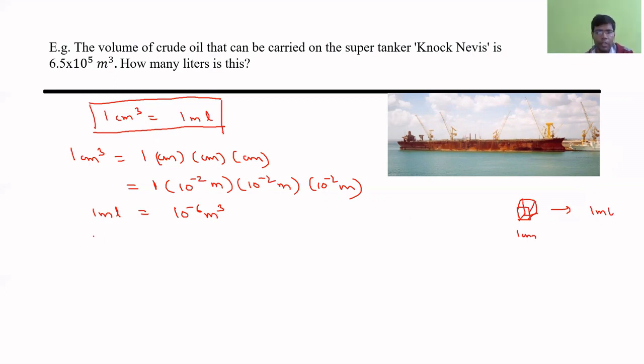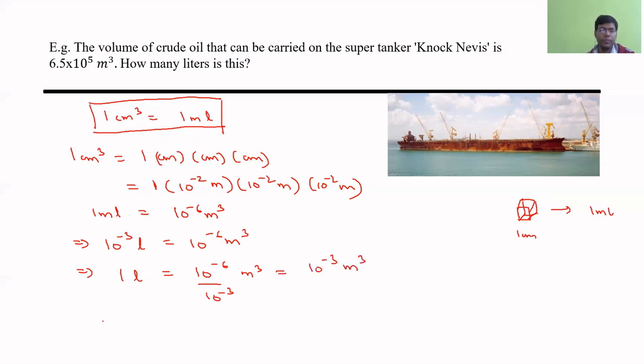But because I have the prefix milli, if I want to convert this milliliter into liter, this will be 10 power minus 3 liters is equal to 10 power minus 6 meter cube. Basically, if I take this 10 power minus 3 over here, 1 liter will be 10 power minus 6 by 10 power minus 3, that is 10 power minus 3 meter cube.